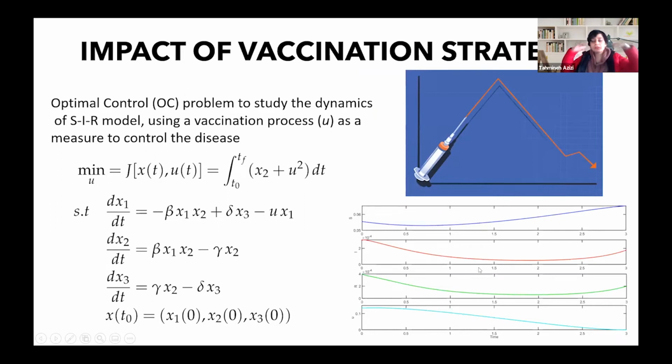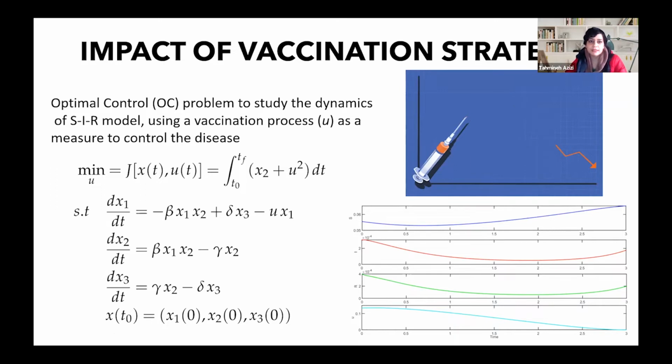My goal for this one, I worked with my student, was to see how we can mathematically explain that the vaccine can control disease. And what we mathematicians do, our tool is optimal control theory. So using optimal control theory, we are going to find out the impact of vaccination strategies.